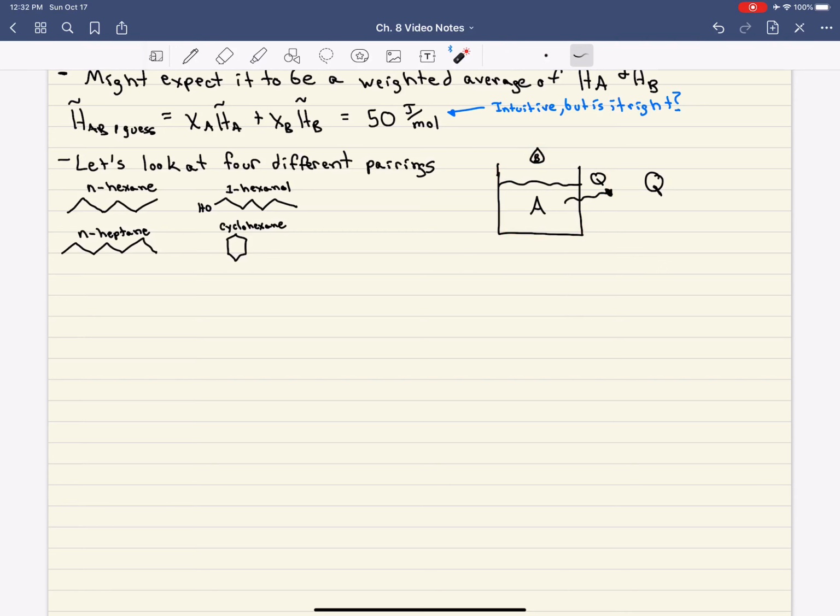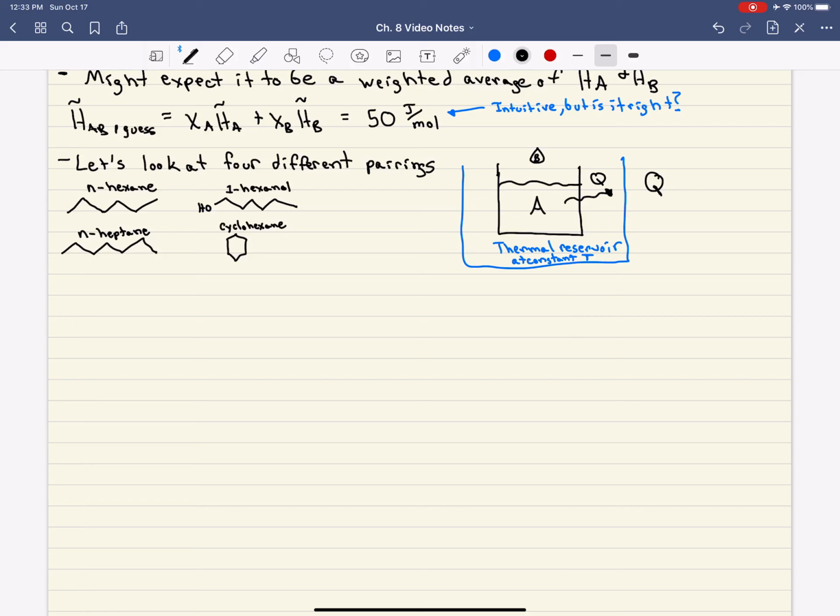and let's say this entire system is in a thermal reservoir at constant T, so that the change in temperature is also very low.